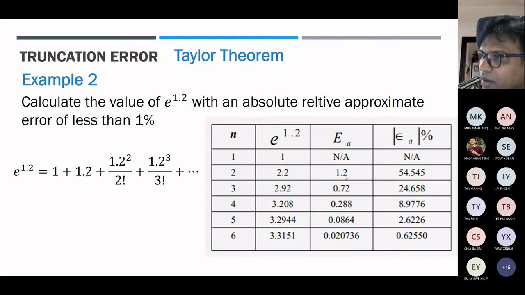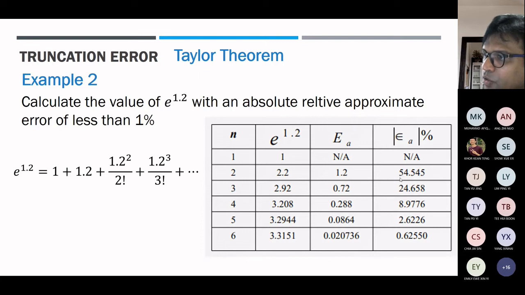Then we determine the percentage error, how much the absolute relative error occurs for every term. For the first term you are unable to determine the absolute error, but from the second term onward you can. You take the approximate error divided by 2.2, which is the exact value, and multiply by 100 to get the percentage error.